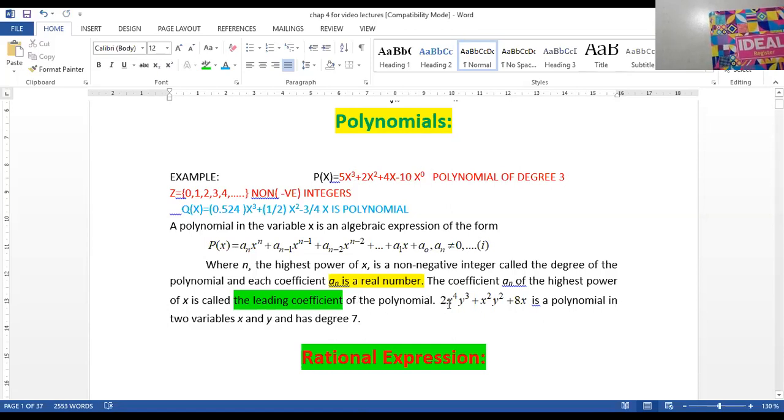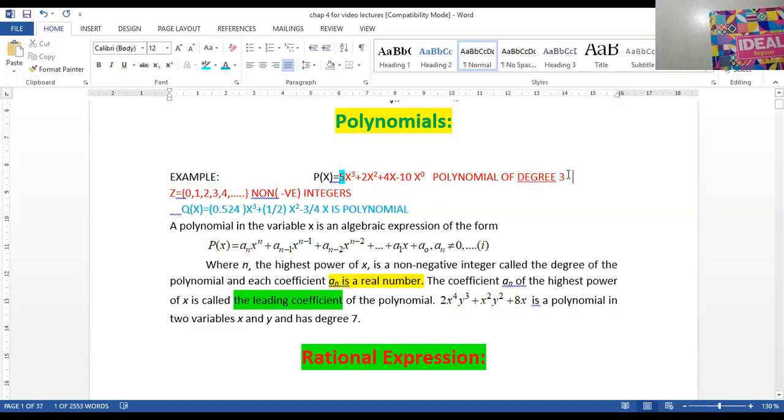Now, the coefficient of the highest power of x is called the leading coefficient. This is what I want to tell you. If I just highlight it separately, like this one, this 5, I have written two things. One, I have written the degree. I want to explain to you the word degree, and how we will identify the degree of the polynomial.